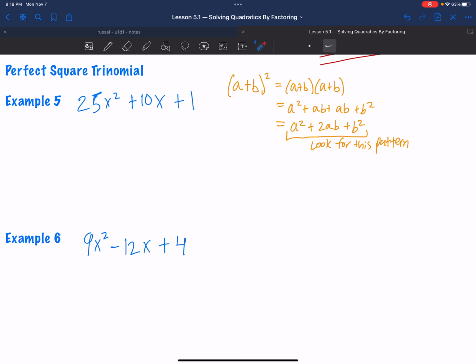And real quick, the vocabulary of this perfect square trinomial. Trinomial means 3 terms. Those indicate it's a trinomial because there's 3 terms, a squared, 2ab, b squared. So that's a trinomial, and it factors as a perfect square, something squared. So that's why it's called a perfect square trinomial.